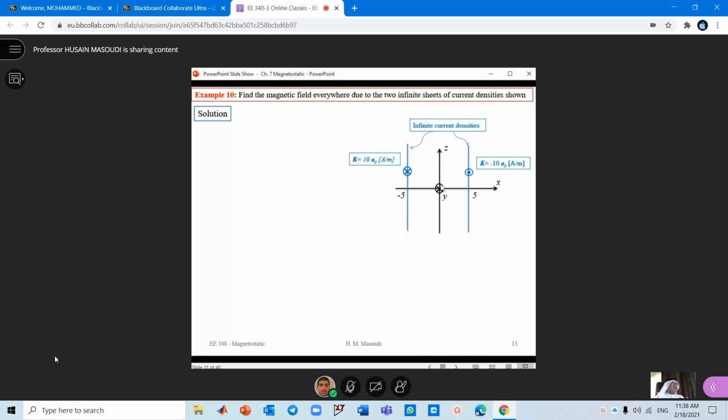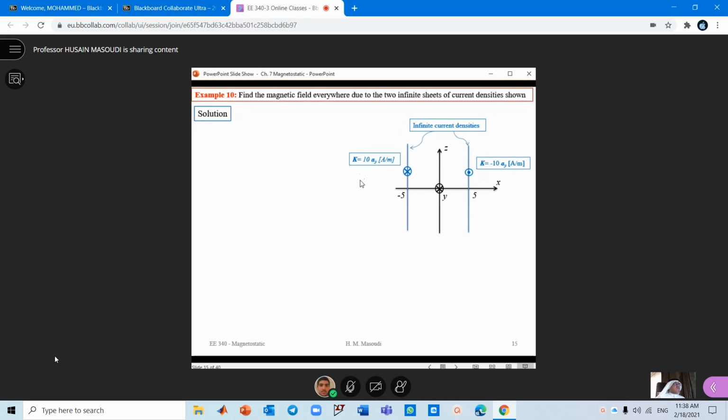Now, we want to find the magnetic field everywhere, meaning that we are going to divide this into regions. For example, in this region, when X is greater than 5, we find the magnetic field due to the combination of the two. When it is between 5 and -5, we find the magnetic field in between.